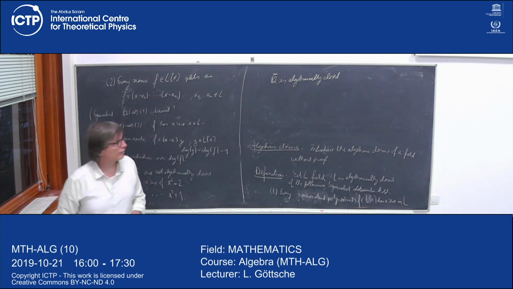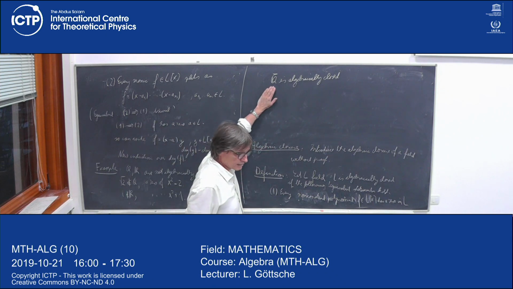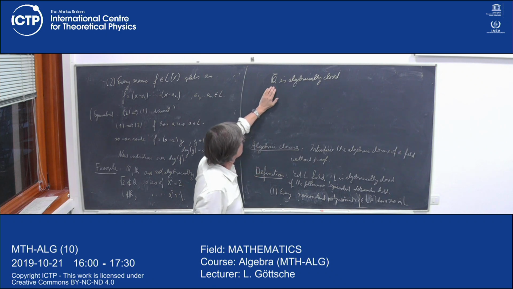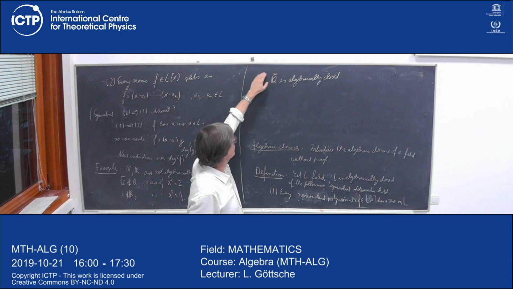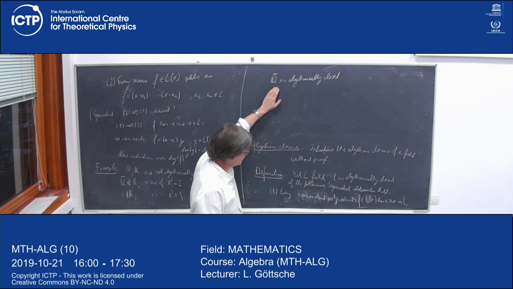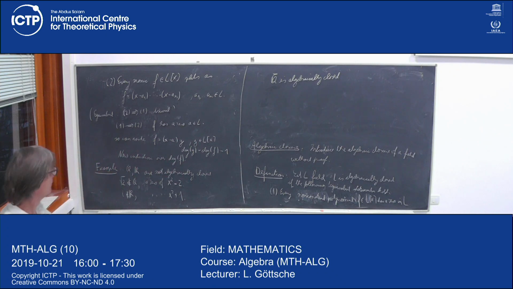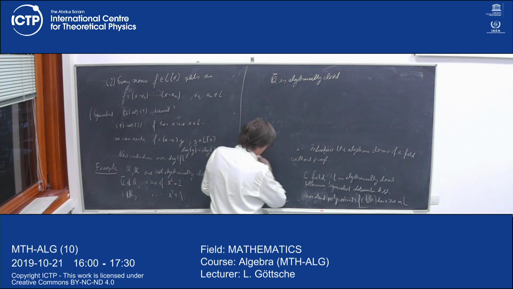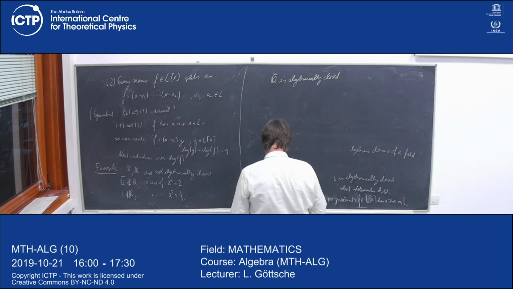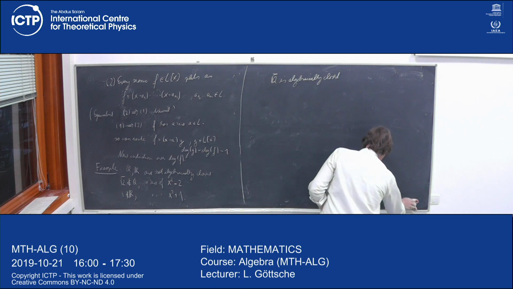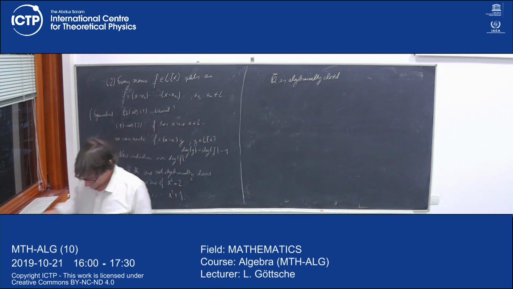So Q bar was the set of all elements in the complex numbers which are algebraic over Q. And I had explained to you that if an element is algebraic over Q bar, it already is algebraic over Q. And so therefore this Q bar is algebraically closed. So what is the algebraic closure? It's somehow the smallest algebraic extension which is algebraically closed.